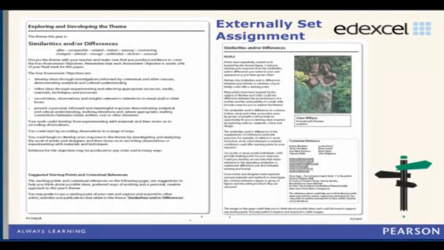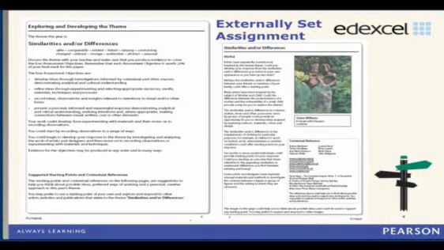So what I've put on the screen now is an example of a GCSE examination paper which I put together. It's a past paper, and you can see here the general framework that we use. We've got this headline theme, in this case similarities and or differences, and then I offer some other words which link to that headline theme.